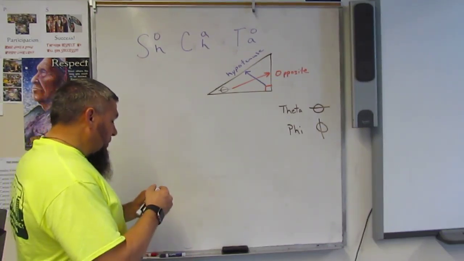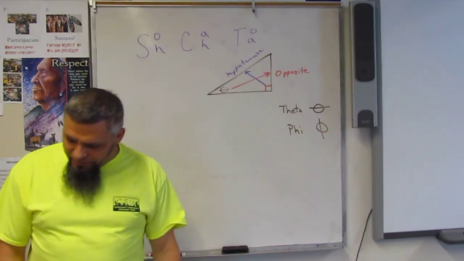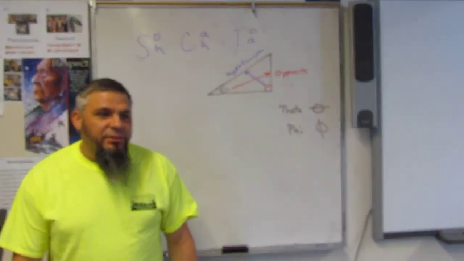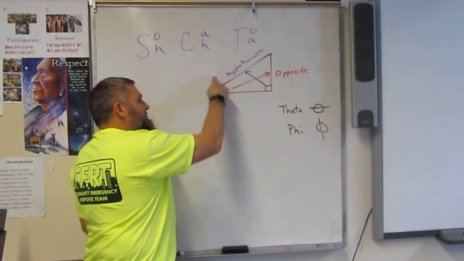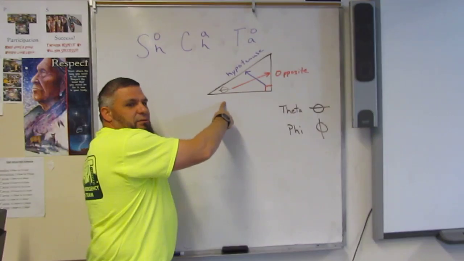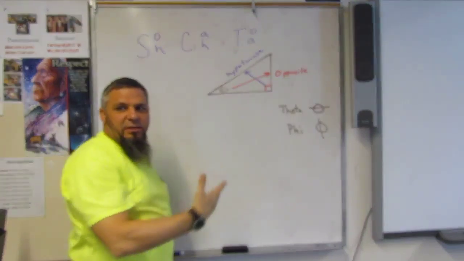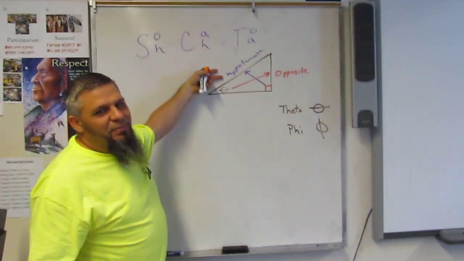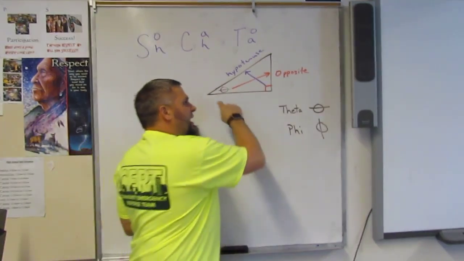And then we have the adjacent side. If I'm adjacent to something, I'm next to it. I'm adjacent to the board. The problem is, both of these are adjacent to theta, right? But one is the hypotenuse. It's always the hypotenuse. It's not going to be considered, because these are legs.